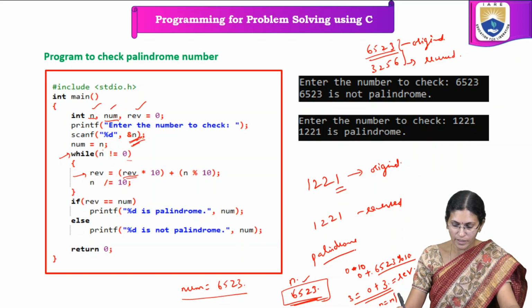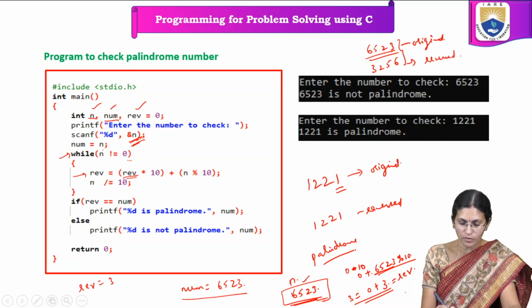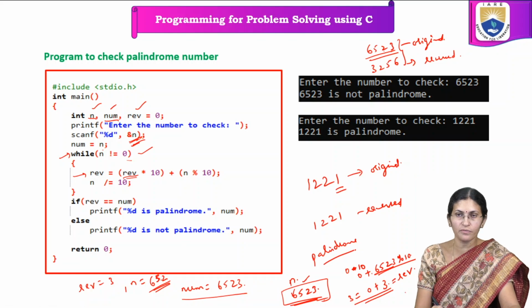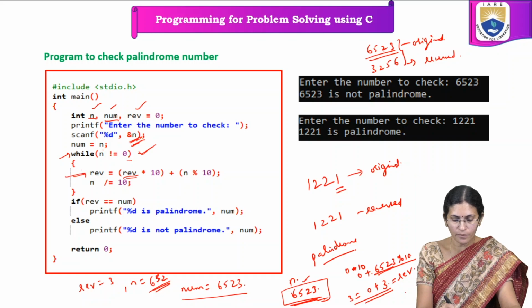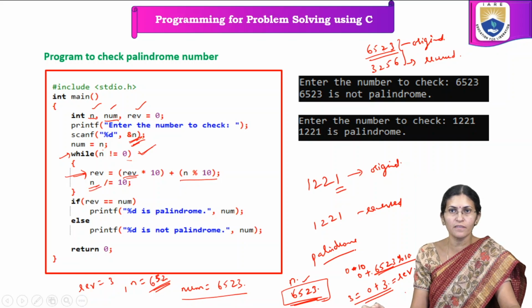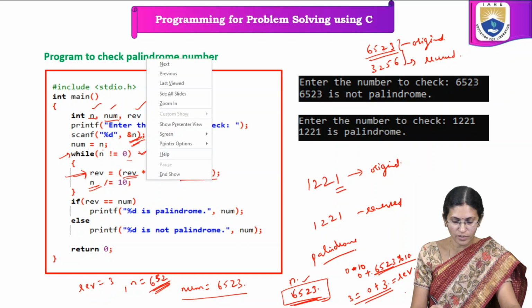What about n? n divided by 10. 6523 divided by 10, you will get 652. So in the first iteration, rev is equal to 3 and n is equal to 652. Next, again it will check the condition. 652 is not equal to 0, this condition becomes true, then this step will be executed. Now n is equal to 652, so 652 mod 10, the remainder is 2.